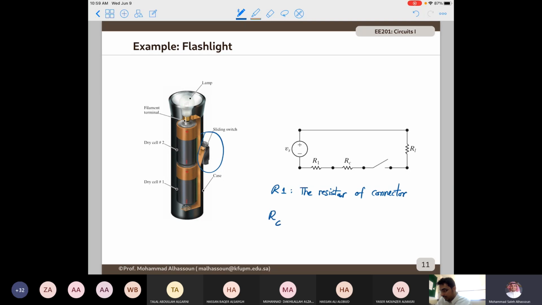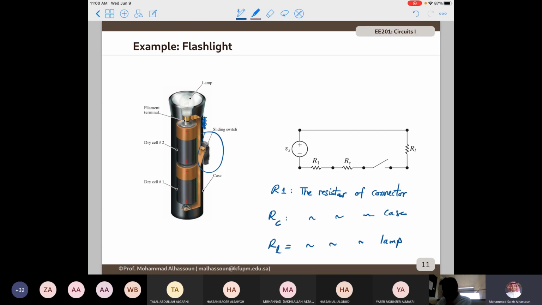Then we have RC, the case. The case is made of metal, and that case also has some resistance associated with it. And finally, we have the resistance that we are interested in, which is RL, the resistance of the lamp.